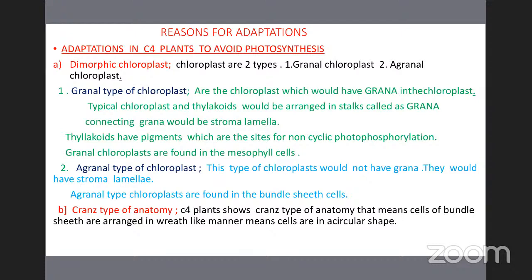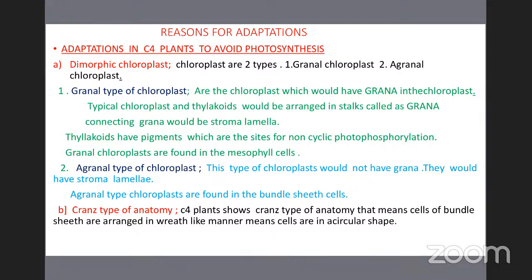This granal type of chloroplast is found in mesophyll cells. In leaf anatomy, between the upper and lower epidermis there is a tissue called mesophyll tissue, which is again classified into palisade and spongy tissue.